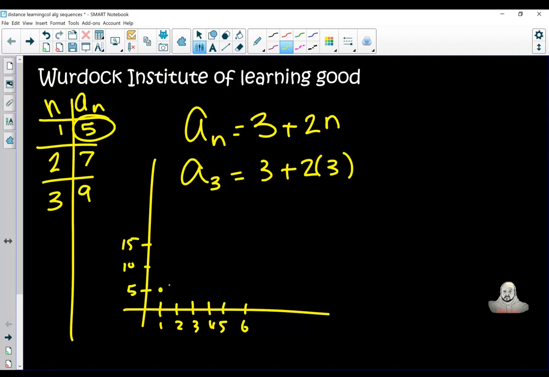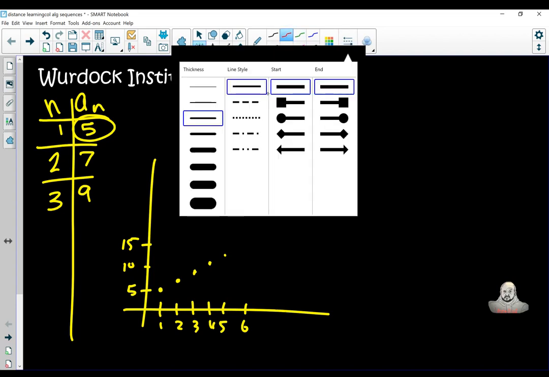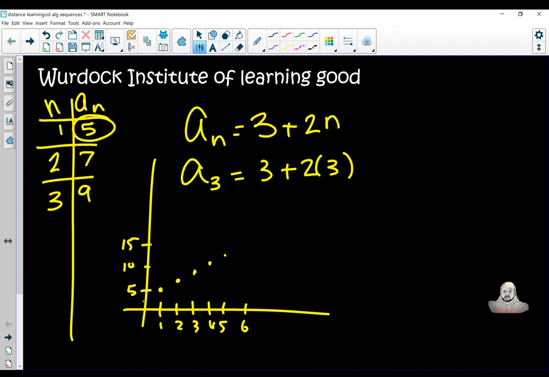The second value is 7. The third one is 9. The fourth one would be 11. This is why we say it sort of looks like a line. You really would not sketch a line through here, but to help you visualize, it certainly comes from a linear equation.